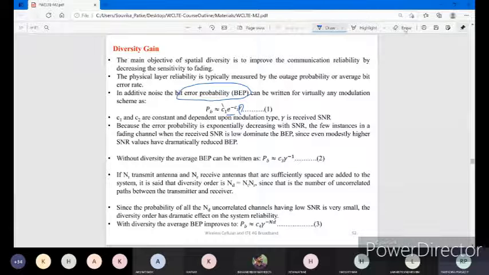You may be asking, sir, how they found this expression? It is not that they derived that expression. They found that it is suitable to measure the diversity gain by using this expression, where you have the complete 360-degree, which is your exponential function.